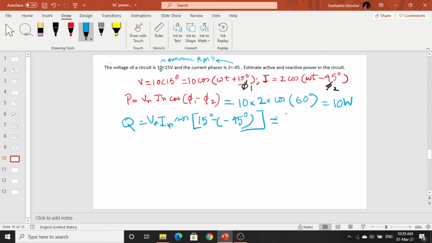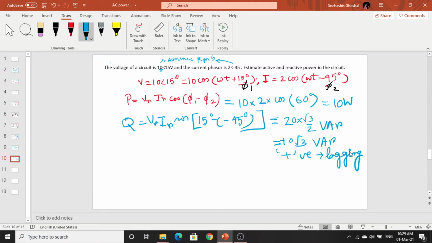So 20 into root 3 by 2 var. So it is coming as 10 root 3 var, and you see that it is positive, so it is lagging load.